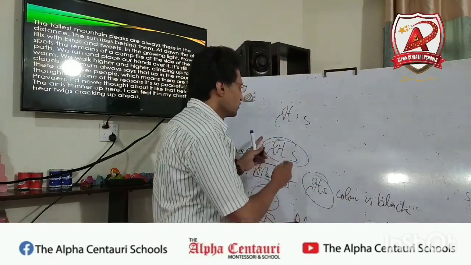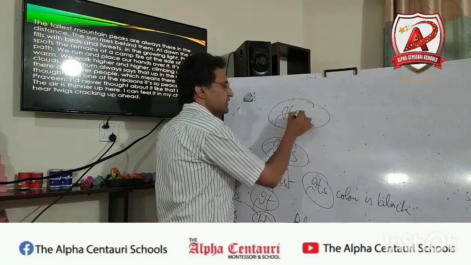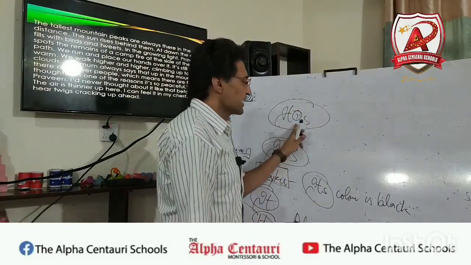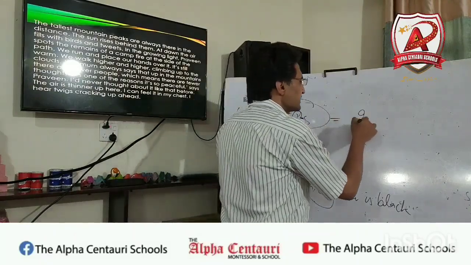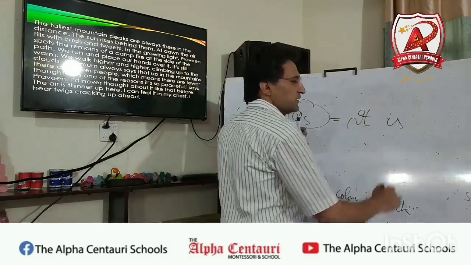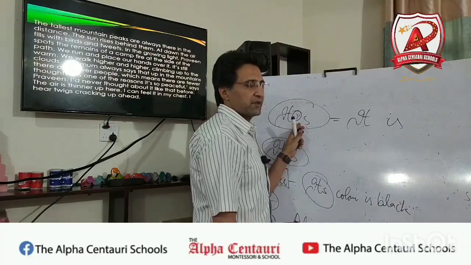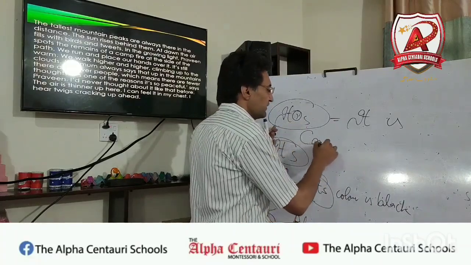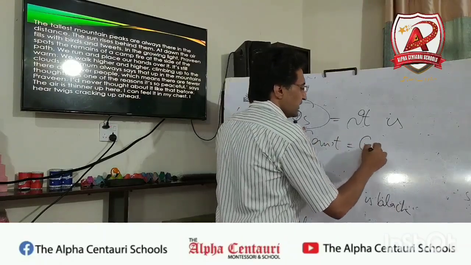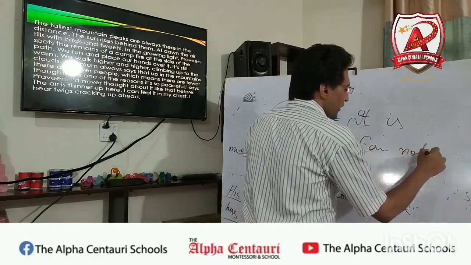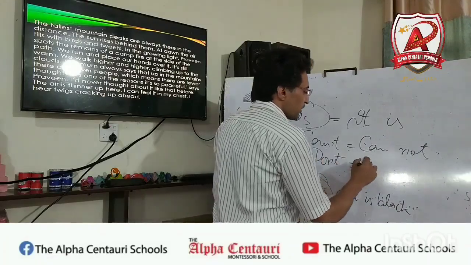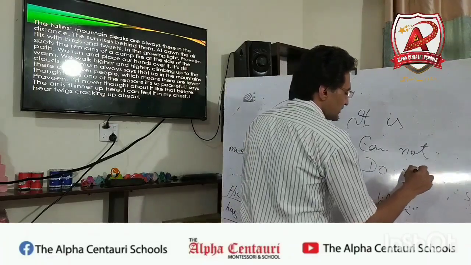Its, this is what, ji? Possessive. And now look at this. What is this? It with this comma, apostrophe. This is the contracted short form of "it is". Just like when we say "can't", it is the short form of "cannot". When we say "don't", it is the short form of "do not".